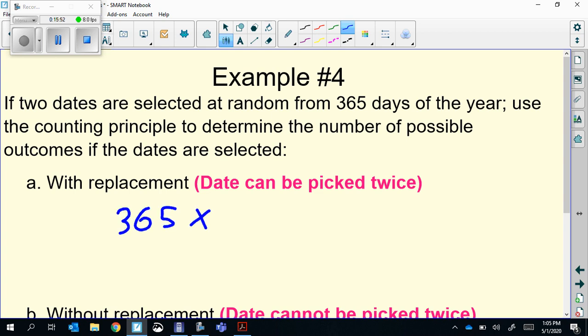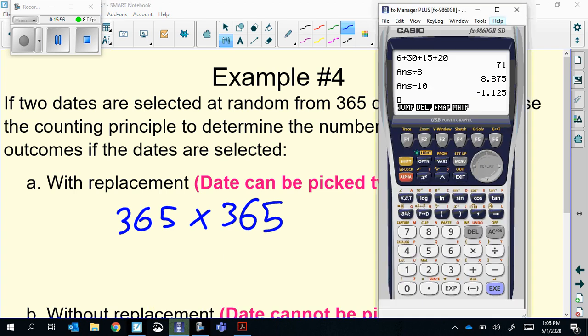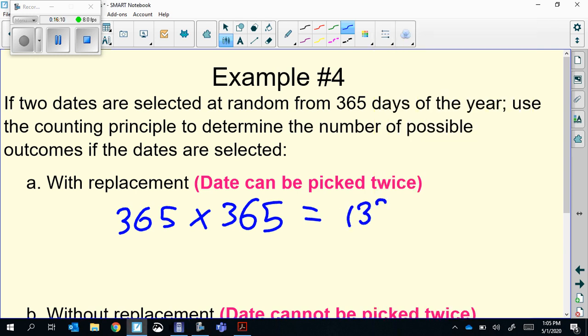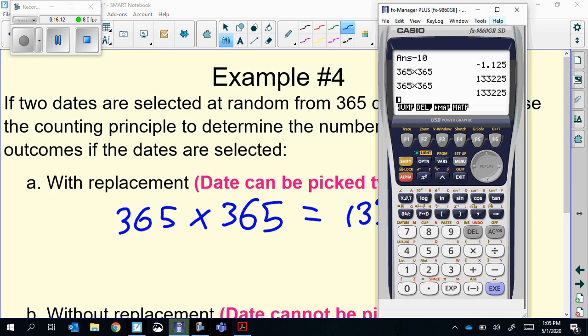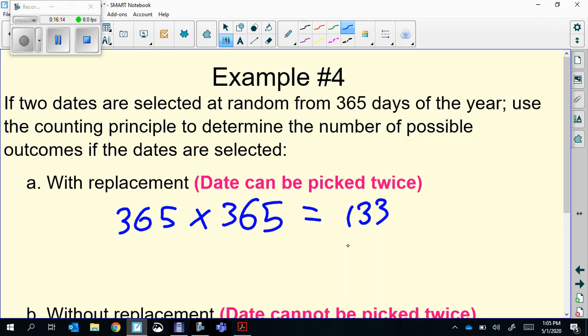You put it back, which means there's 365 options again the second time. I need a calculator. 365 times 365. 133,225. It's a lot of possibilities.